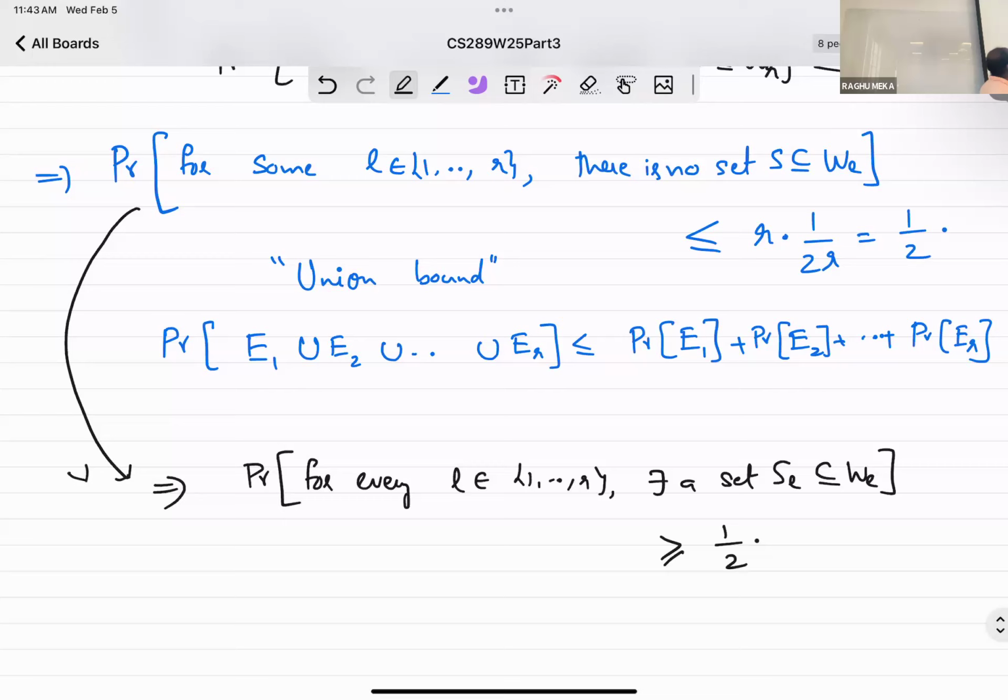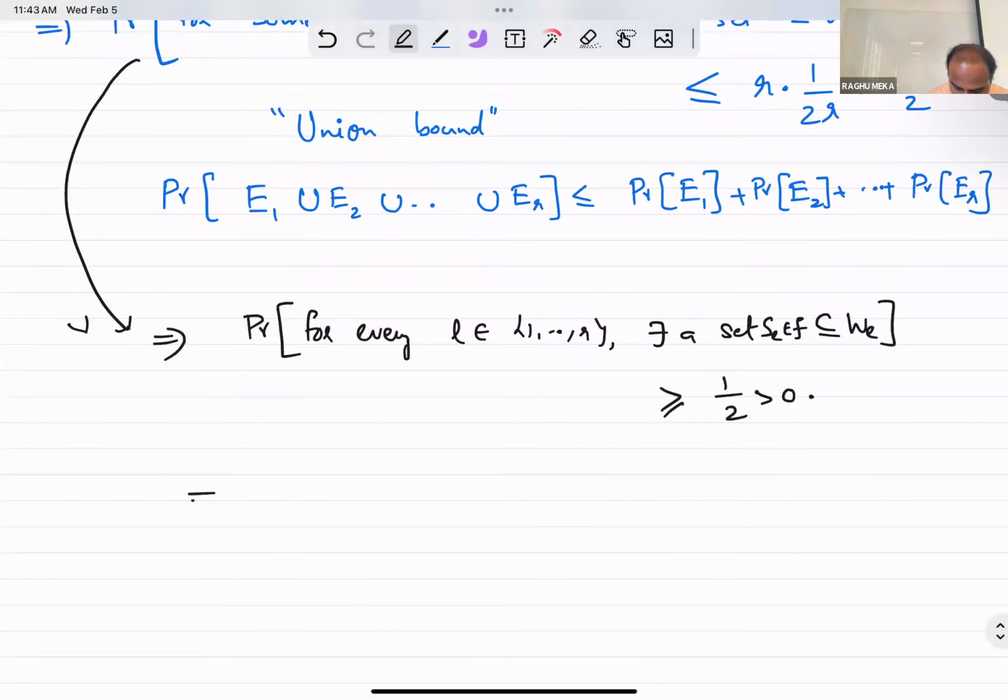Okay, so I'm just taking the complement. So the chance that there is some L which does not contain a set in the family is at most a half. So the chance that every WL contains a set in the family is overall a half. Okay, which is in fact greater than 0, right?